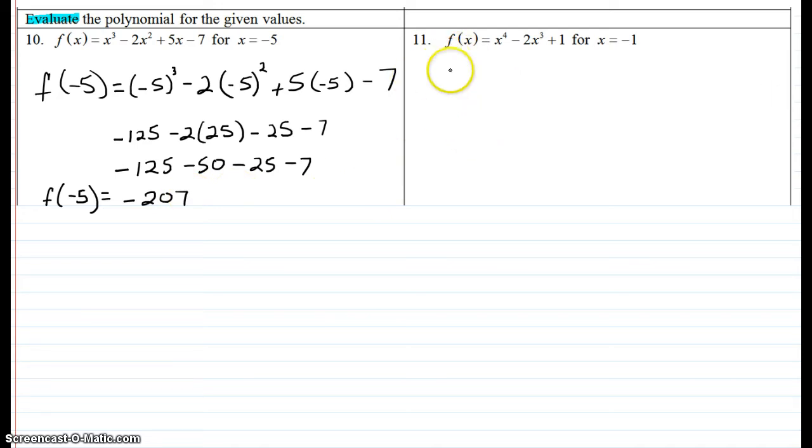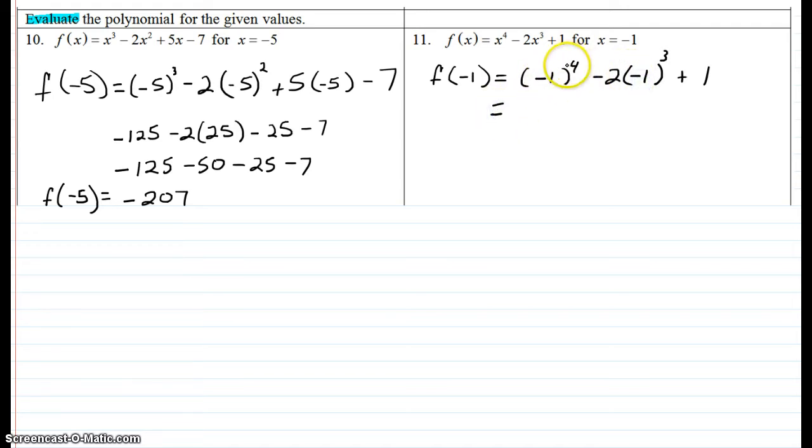Let's do the same thing over here now. So we have our function that we're going to evaluate for negative 1. Open parentheses. So our x is going to be replaced. Alright, so since x is negative 1, inside the parentheses we just put negative 1, and now we simplify.